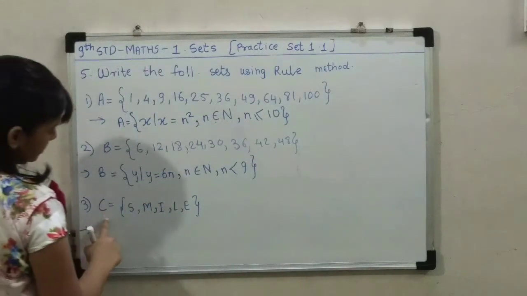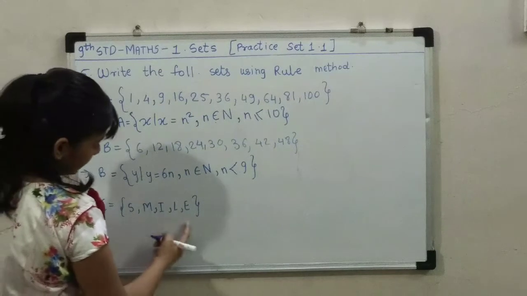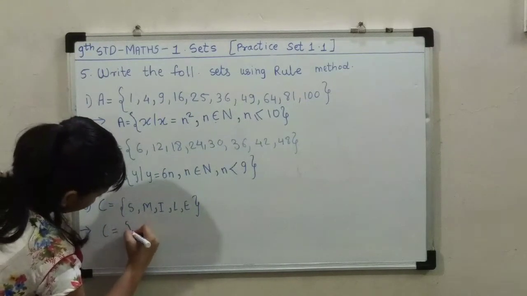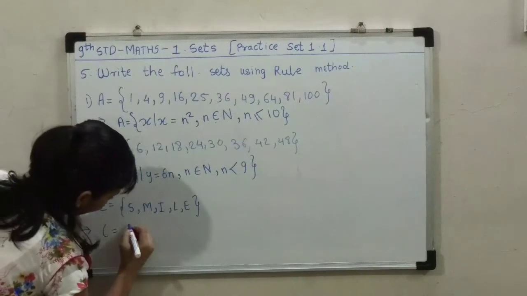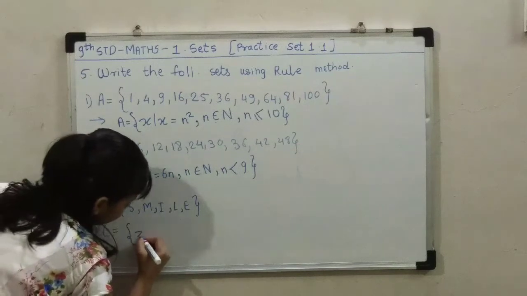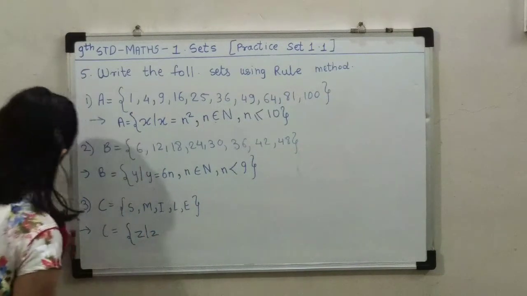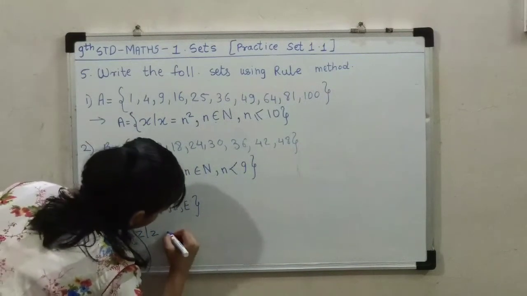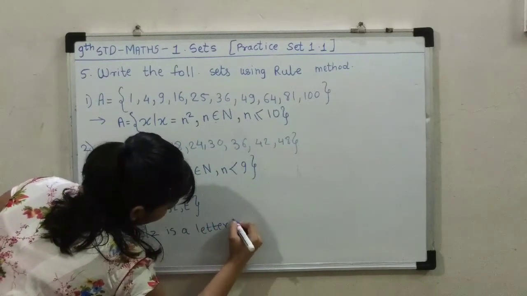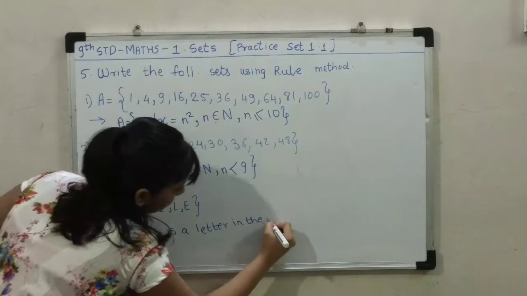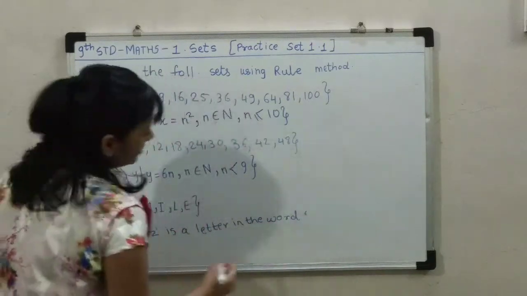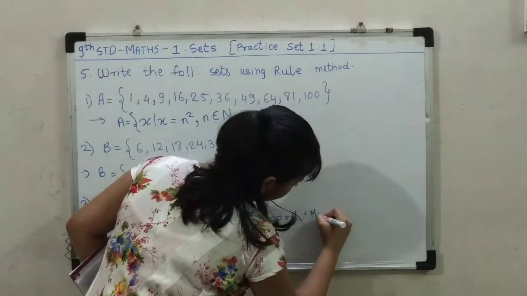Third is set C, letters are given. So here we can write set C is equal to, in brackets, whatever word we can write. First we can say z such that z is a letter in the word, and we can take any words like MILES, we can repeat the letters also.